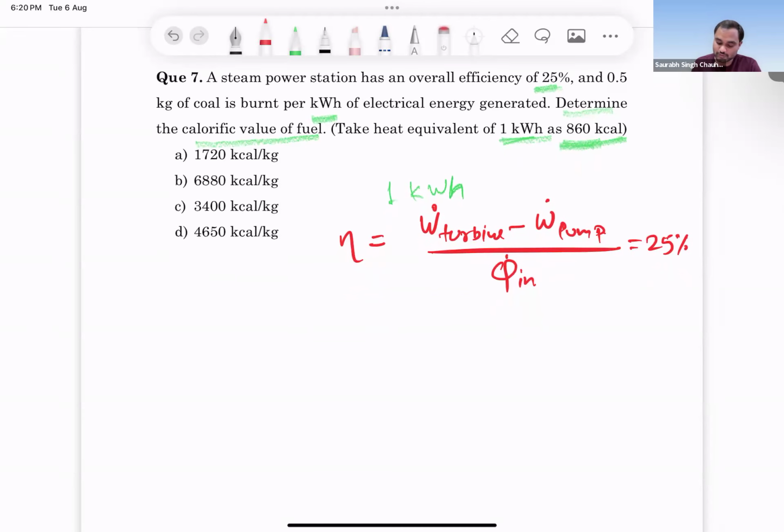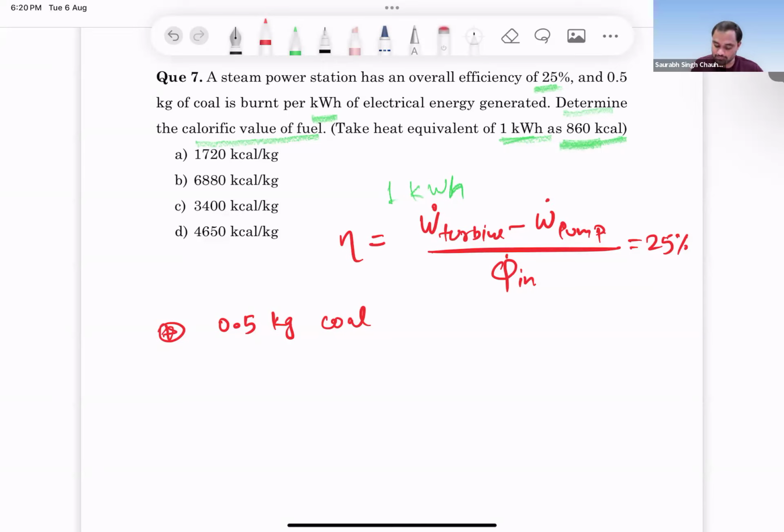And it is given that 0.5 kilogram of coal is burned. Okay, so let us assume that all the energy that is produced in combustion, all of that energy is utilized. Let us assume 100% efficiency of the boiler. So whatever heat is released during combustion, all of that is utilized by the boiler.